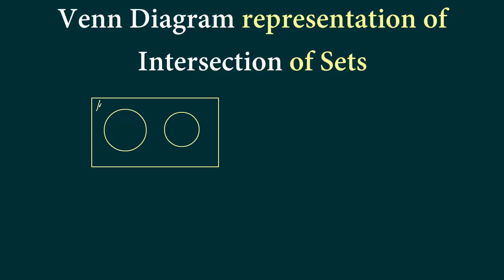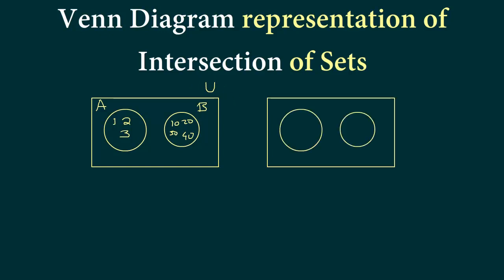Let's say this is our set A and this is our set B. A contains 1, 2 and 3 and B contains 10, 20, 30 and 40, and this is a universal set U. So in this case, A intersection B will be represented like this. This is our set A, this is B, and this is U. I'm not writing the elements again, but the point here is that A intersection B is basically a null set.